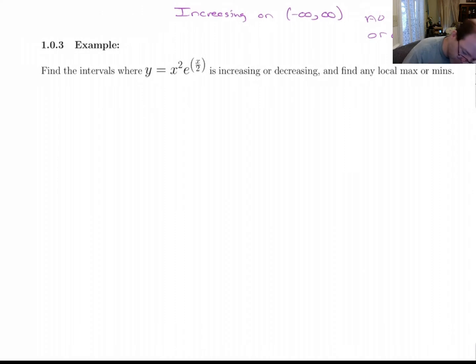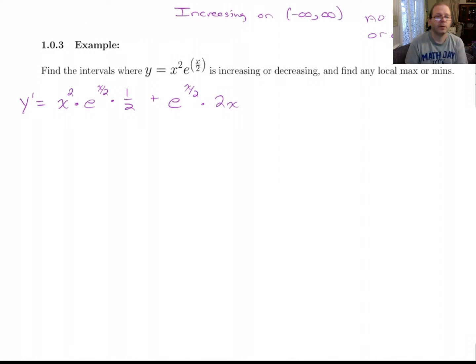All right. So the derivative is going to be y prime is first times derivative of the second. That's going to be e to the x over 2 times 1/2, plus the second function times derivative of the first. All right. Now I could just set this equal to 0 and solve, but the easiest way to deal with this is going to be to factor it as much as I can first.